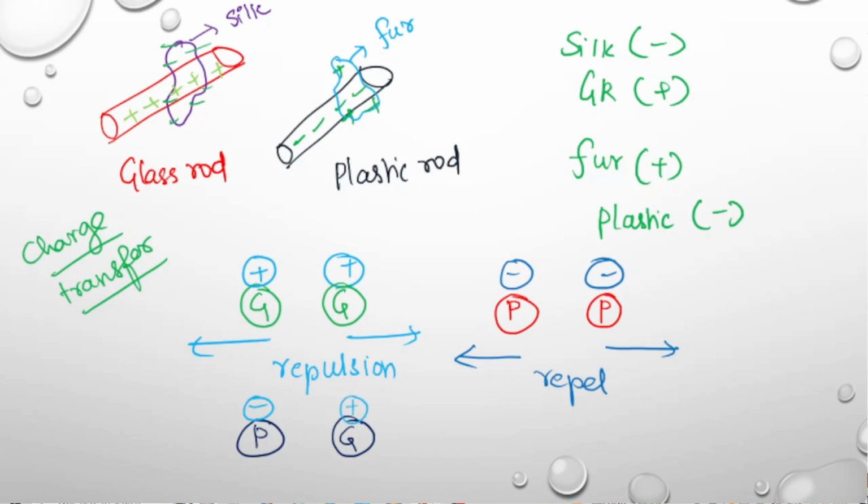Since they have opposite charges, what do you know? They will attract each other. So here attraction will occur. Clear? This is a basic thing. I'll move to the next.